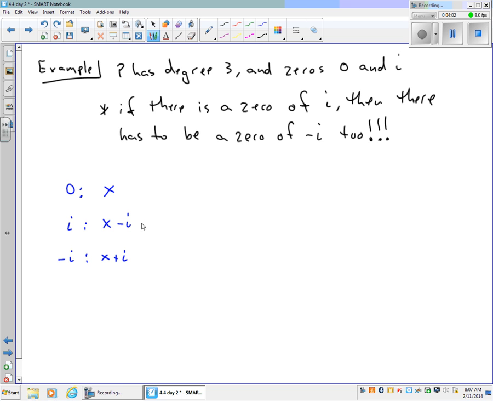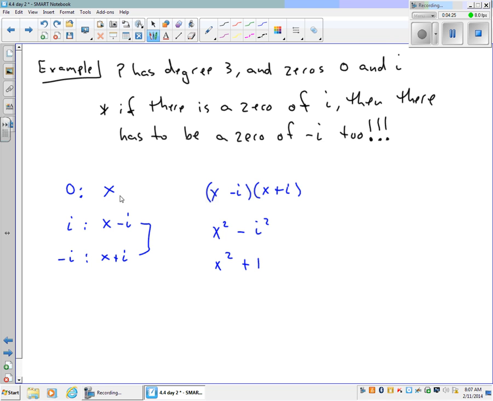And again, the x minus i times the x plus i, just like the last one, is going to multiply and be a difference of 2 squares. So we have x squared minus i squared. And again, i squared is a negative 1. So this becomes x squared plus 1.